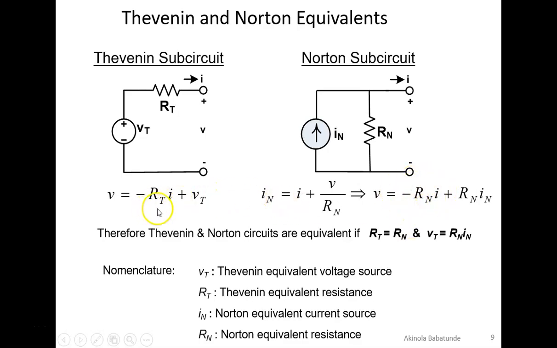So we can say minus Rt is equal to minus Rn. Therefore, Rt is equal to Rn. This expression holds when Thevenin and Norton circuits are equivalent.